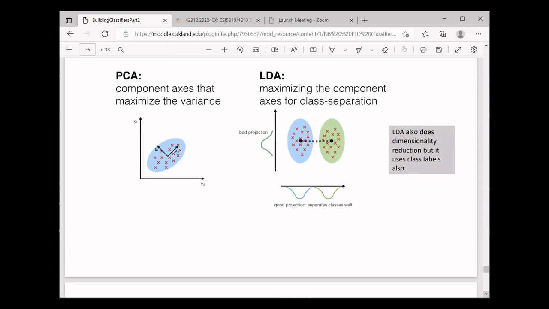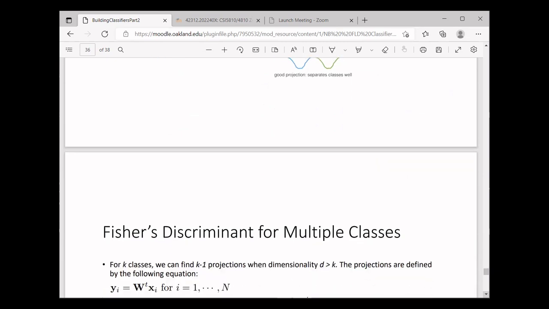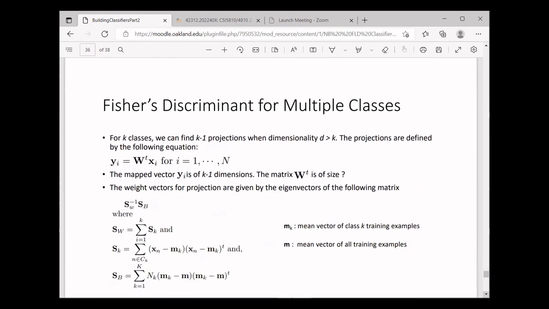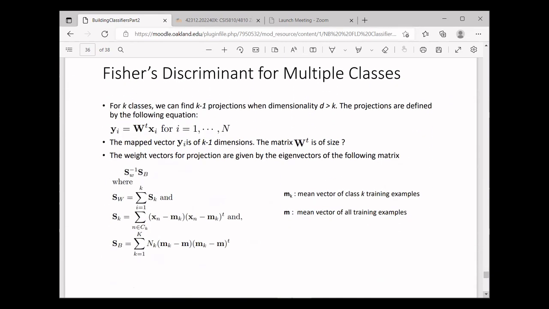Now you might say, well, if I'm going to do the dimensionality reduction and if I have more than two classes, what do I do? So I'm going to leave that for you to read. But essentially what you do in the case of multiple classes, if you have m classes, then you find m minus one weight vectors.